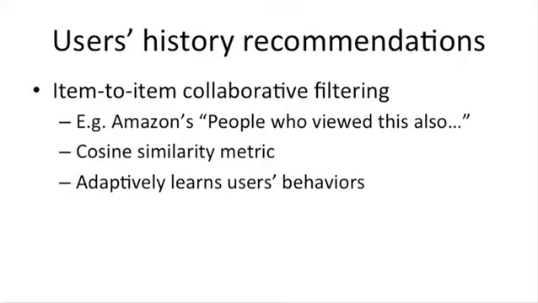They look at people who viewed this or purchased this item also purchased or viewed X, Y, and Z. And that's essentially what we can use here: we can look at users who have viewed nodes A, B, and C have also viewed nodes D, E, and F, and use that to influence the selection process. So this kind of adaptively learns users' behaviors, or specific users' behaviors, or multiple users' behaviors, either way, depending on if you're in a collaborative environment or not. And this can be weighted into this recommendation system.